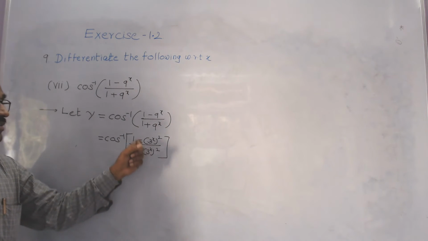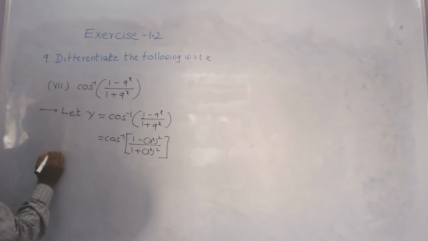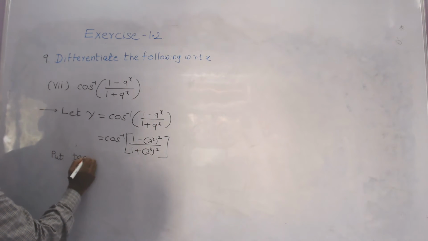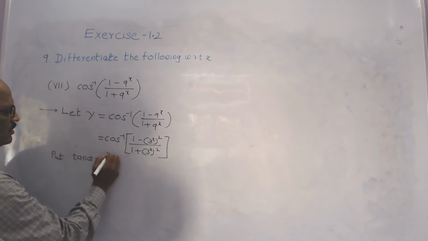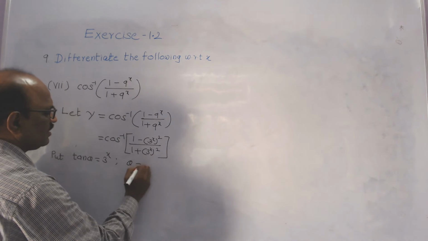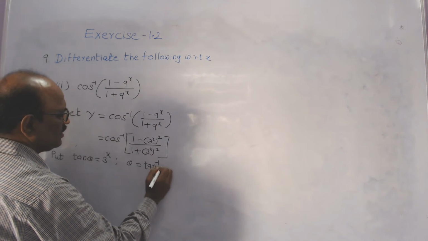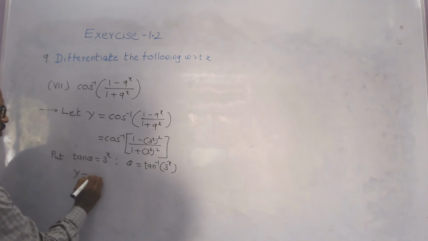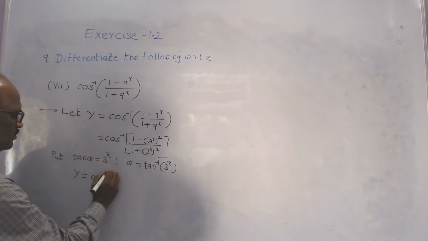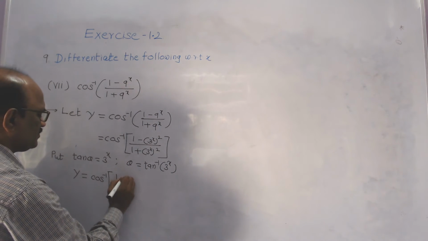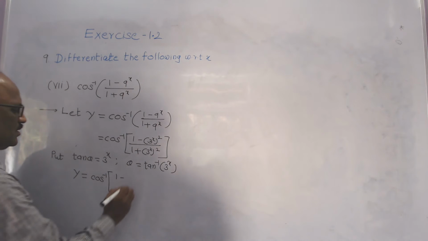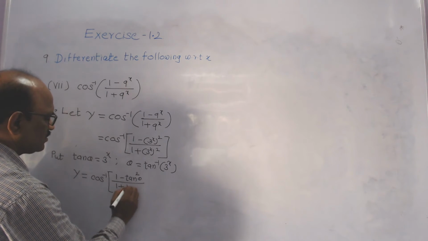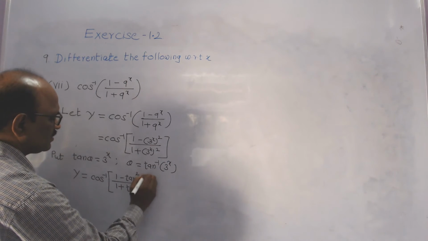Again it is 1 minus variable square upon 1 plus variable square. Then what will be the substitution? That is 3 raised to x is equal to tan theta. Therefore theta is equal to tan inverse of 3 raised to x, and y is equal to cos inverse in bracket 1 minus tan square theta upon 1 plus tan square theta.